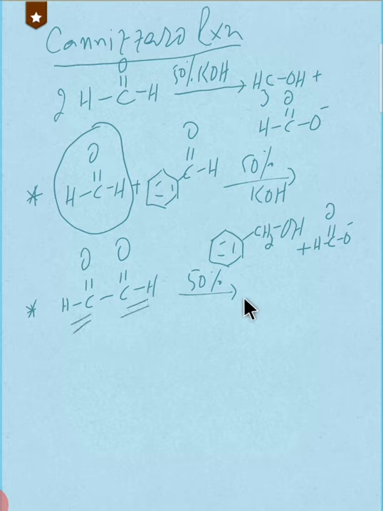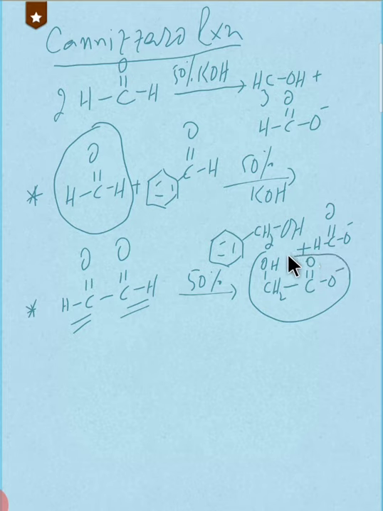One of the aldehyde will be oxidized to formate ion. This will be like this, and another one will be reduced to alcohol. So this will be the product. So let me show how this product is formed with the mechanism. So this will be the mechanism.